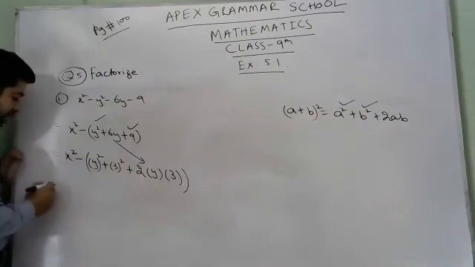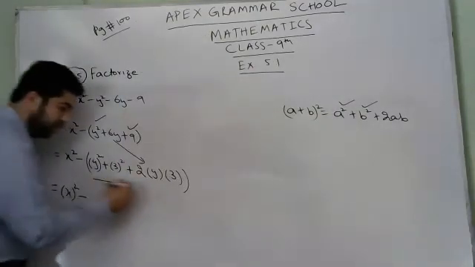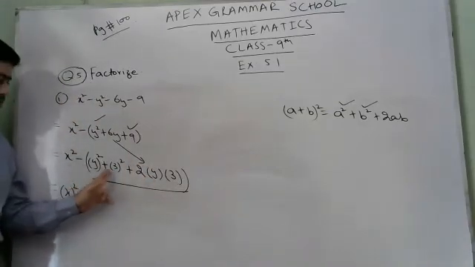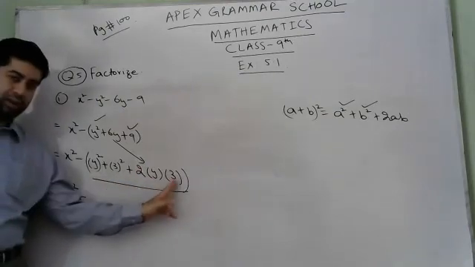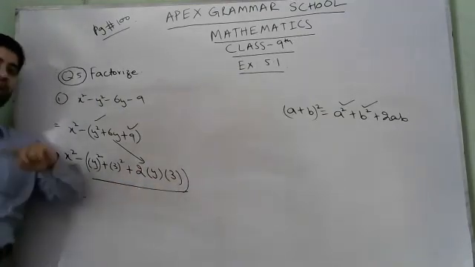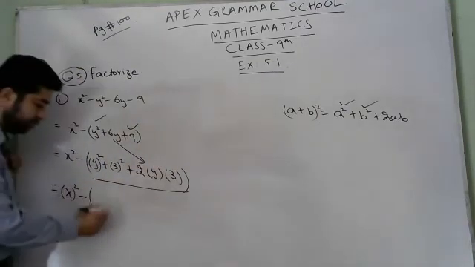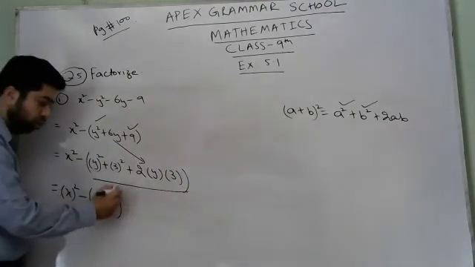So we can write it as x square minus, a square plus b square plus 2ab. This will be equal to a plus b whole square type. So we can write it, after this minus sign, a plus b whole square.